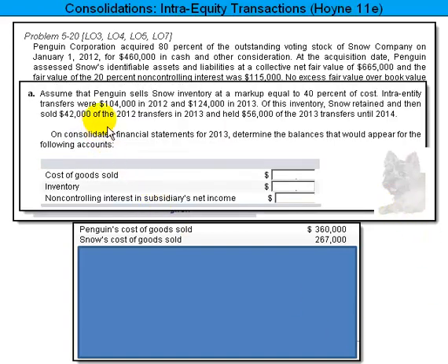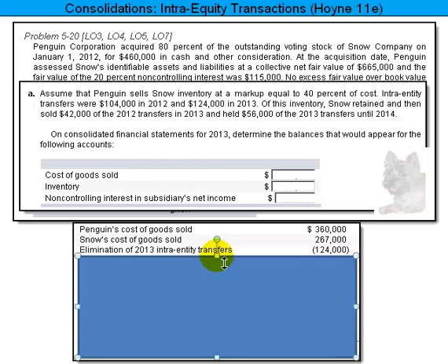Now I put the problem back up there where you can see it. We're taking care of the consolidated financial statements for 2013. So right there it says $124,000 was sold or transferred in 2013. So we need to eliminate that.